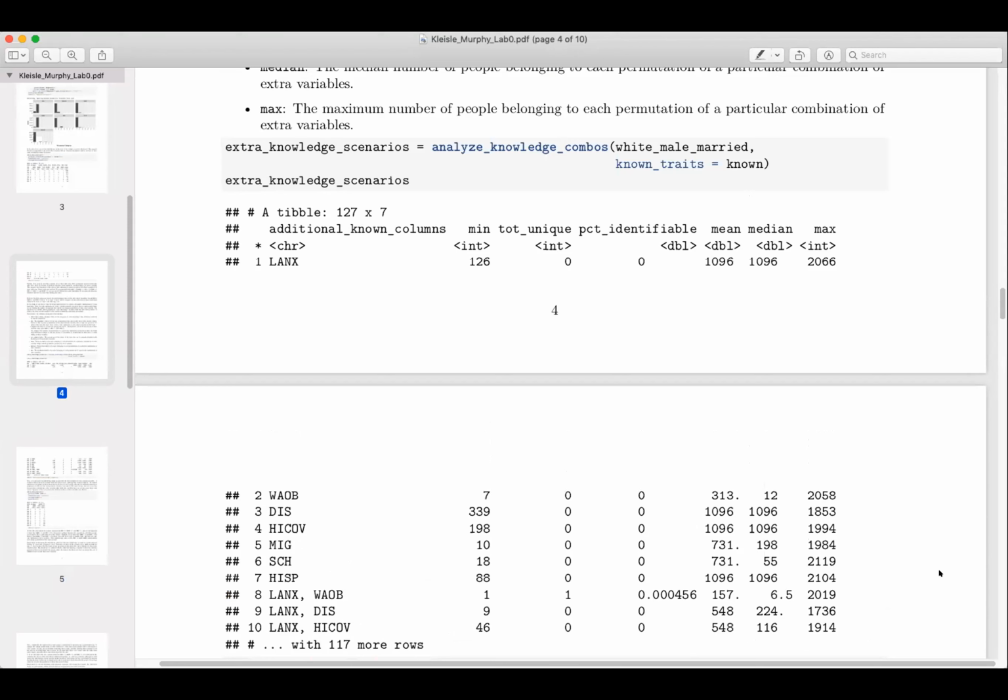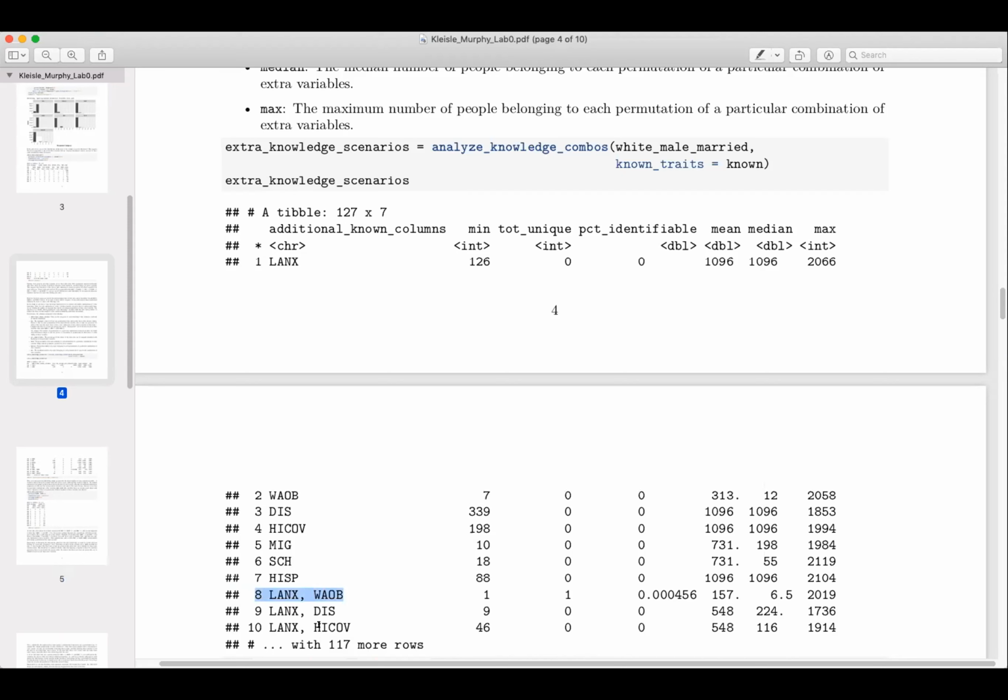Then I folded the data on those to see whether there are people for whom knowledge of these columns exposes them in the data set. If you go to row 8, there's one person whose location of birth and speaking another language, if you knew those two things, would reveal them.